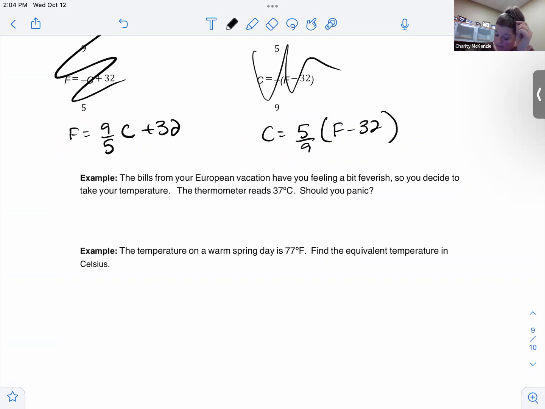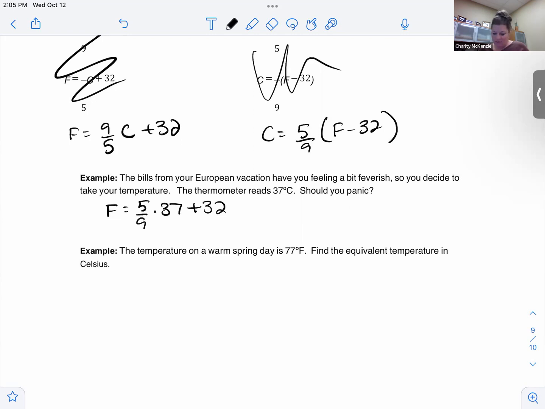So Fahrenheit is equal to 9/5 times 37 plus 32. I put 5 divided by 9 times 37 plus 32 in my calculator and got 52.